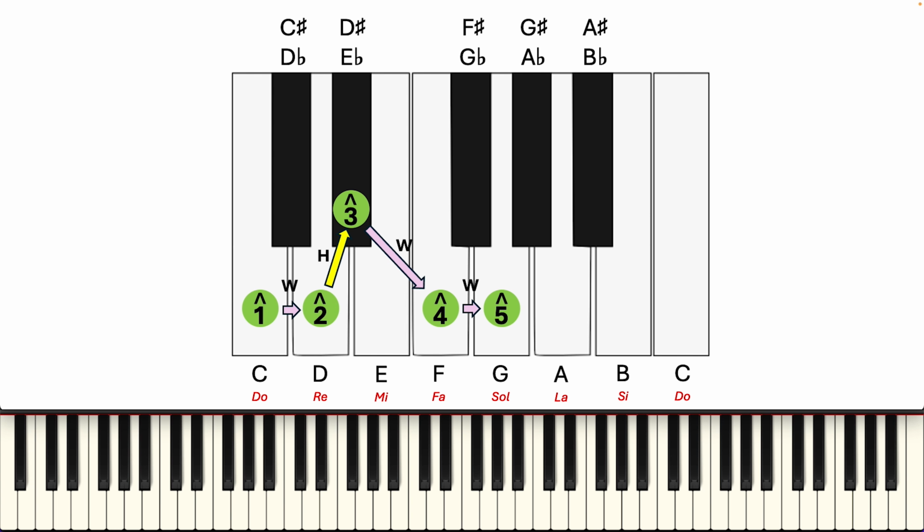And from here, there are 2 forms it can take. One is ascending when you go up, and the other is descending when you go down. When we're doing ascending, that would be the form. Basically, the remaining notes are similar to C major. Again.